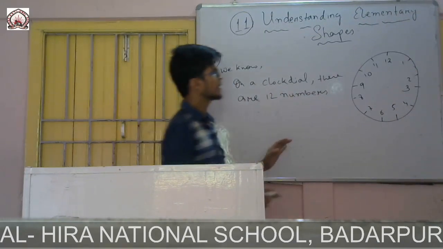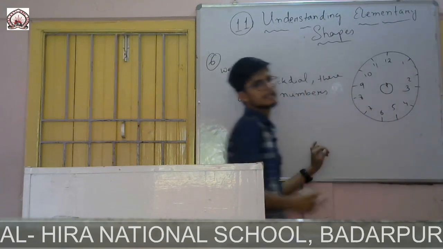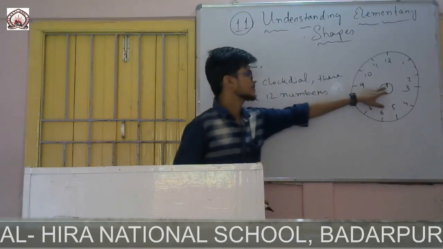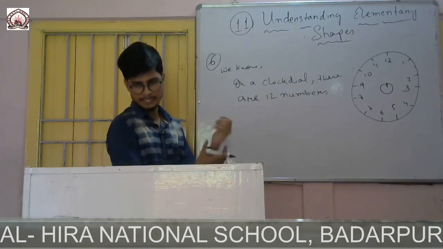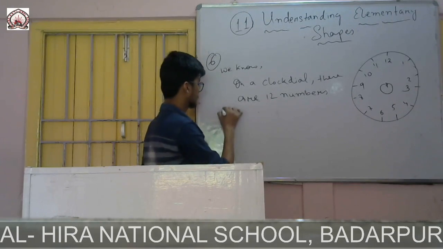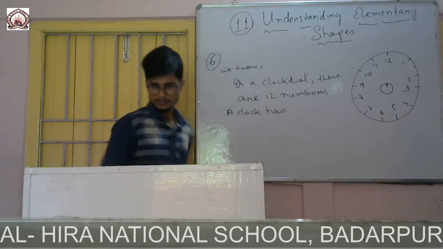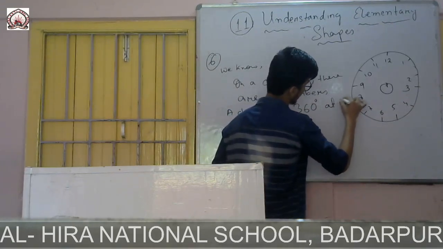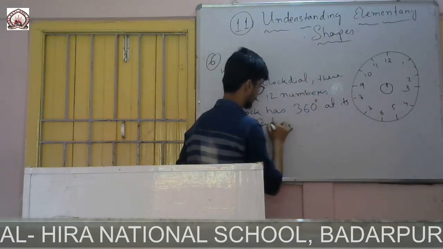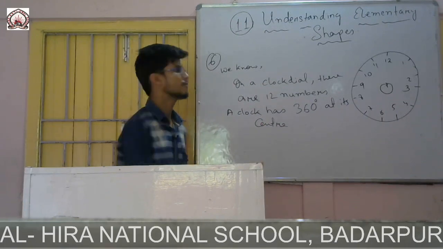And a clock has how many degrees? For example, if it starts from this 12, the starting point, and comes back to the same point, it will be 360 degree around this point. So write, since a clock has 360 degree at its center, you will find one angle.